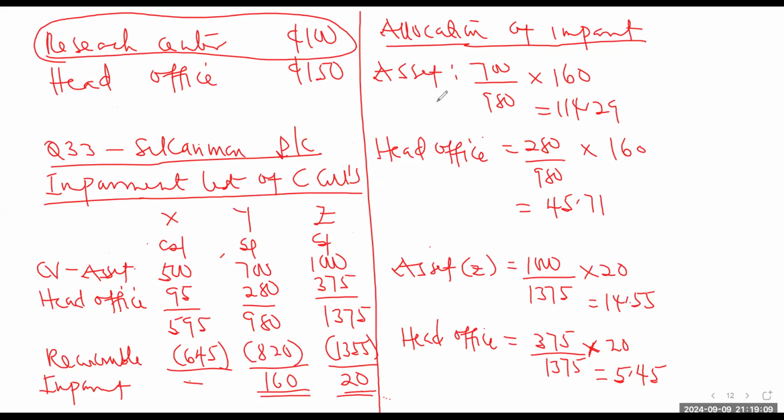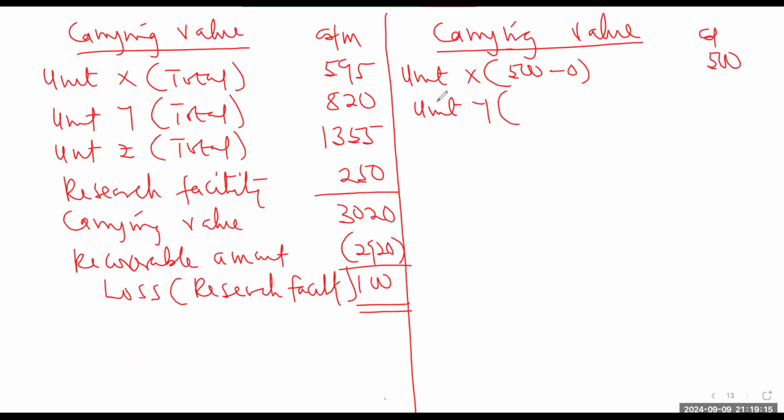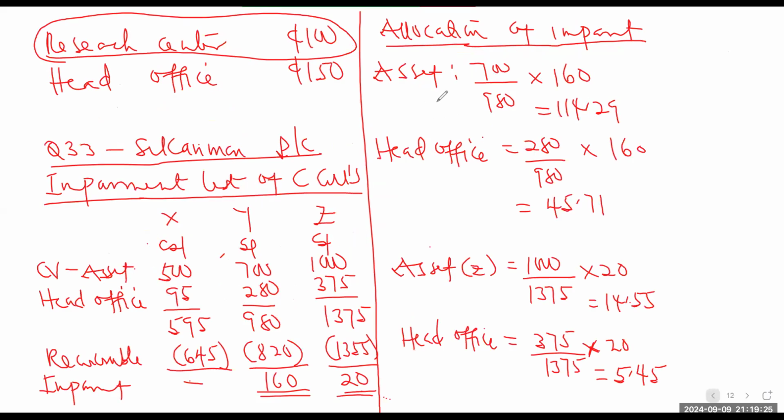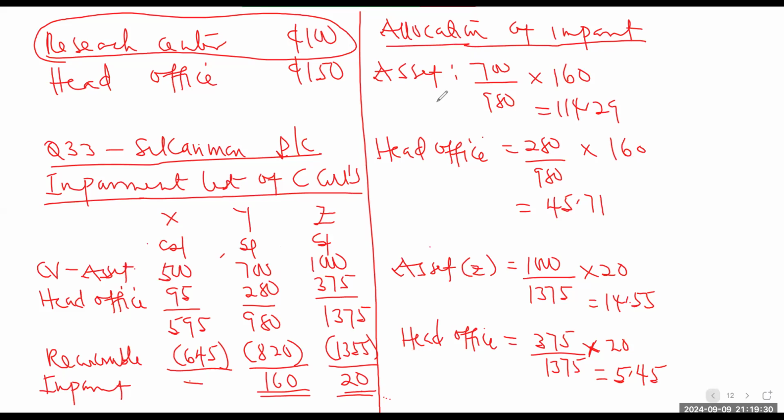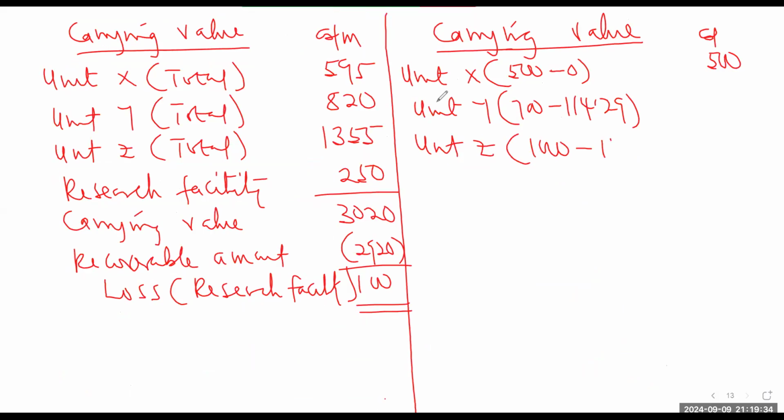The asset itself will be 700 minus 114.29. Okay. Then if you come to unit Z, that will be their total carrying value of 1,000 minus the apportionment. We have apportioned this one already, and this is 14.55.